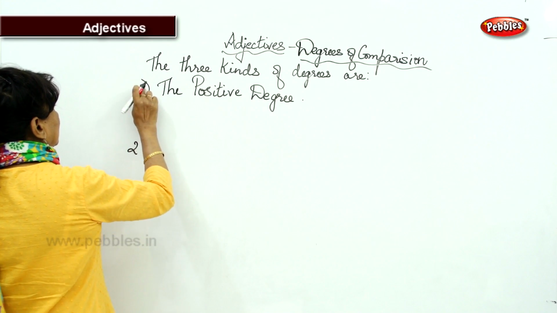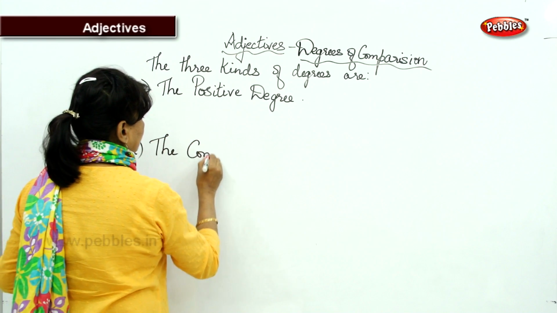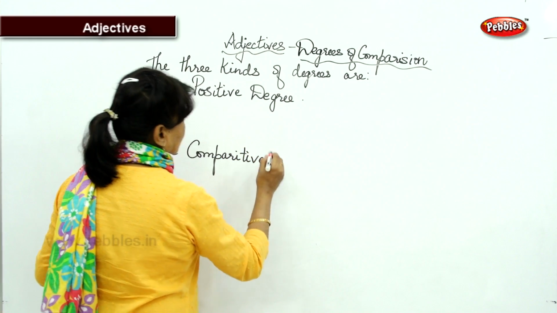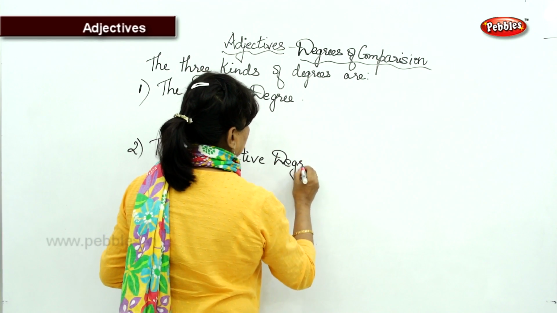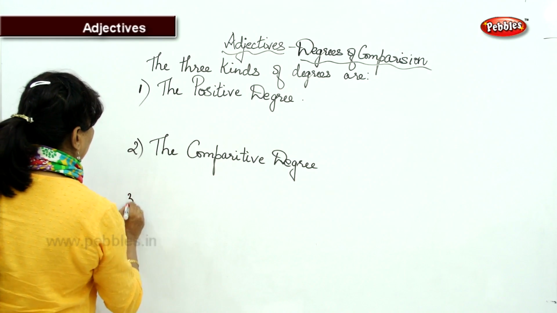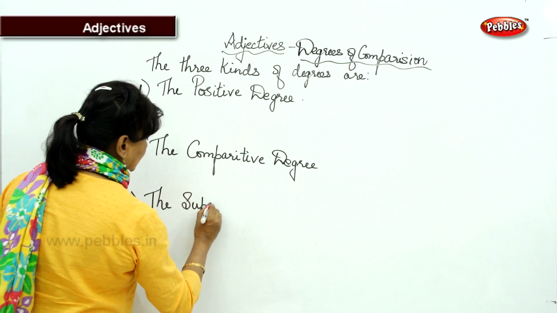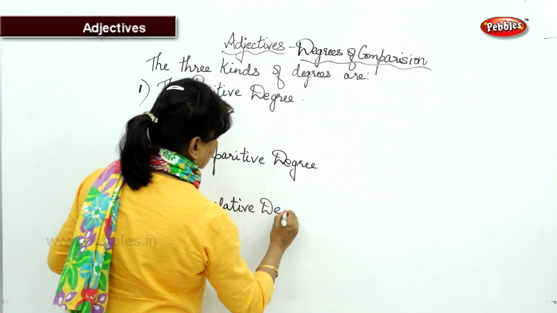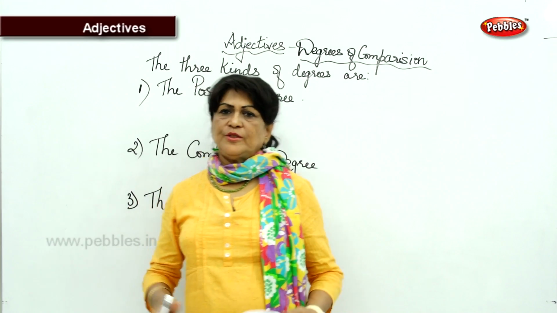The next one is the comparative degree. And the third one is the superlative degree. Okay, these are the 3 different kinds of degrees.